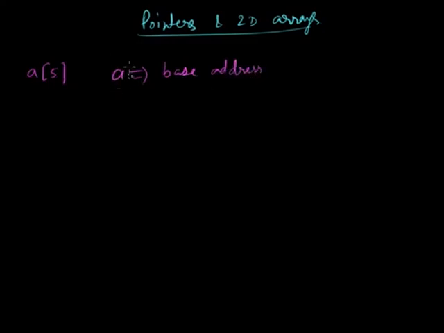By saying A, we get the address of the base element, of the 0th element, the first element. Okay, so a while before we learned that a 2D array is an array of 1D arrays. So we have array of 1D arrays. So 1, 2 is one array, 3, 4 is one array.